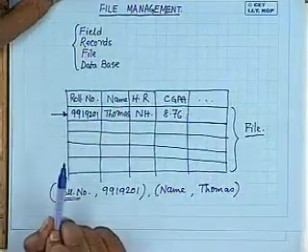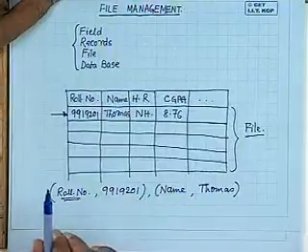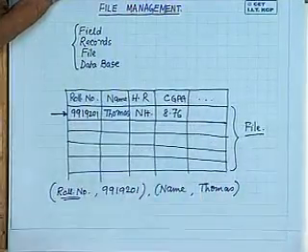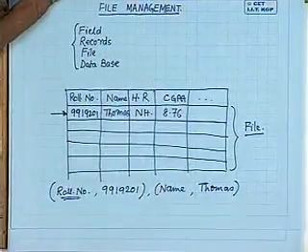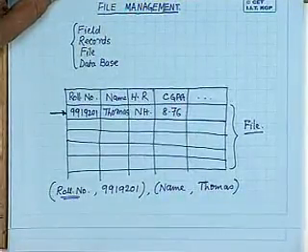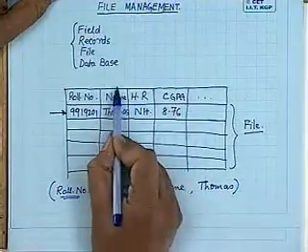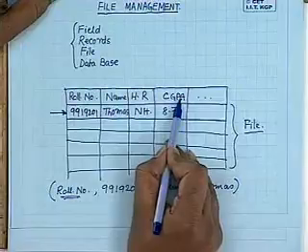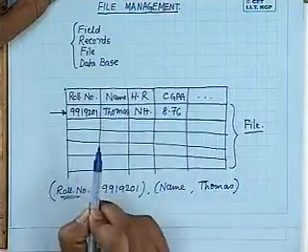If you simply specify that it is the roll number field that I am interested in, wherever this column roll number appears in this table, it should be able to access that. Similarly, if you are interested in the name field, then wherever in this table the name appears, it should be able to access the name field.